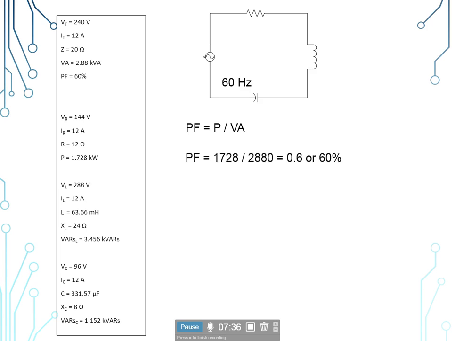When we do that division, it'll give us 0.6, or since it's a ratio, a 60% power factor. Now that we have our power factor, we can find our angle theta, which is simply the arc cosine of the power factor. So our angle theta is equal to cosine raised to the -1, put our power factor inside the parenthesis as the decimal 0.6, giving us 53.13 degrees of phase angle.